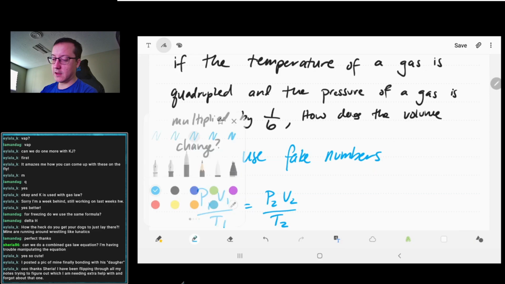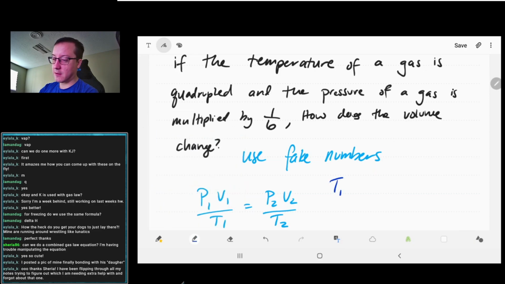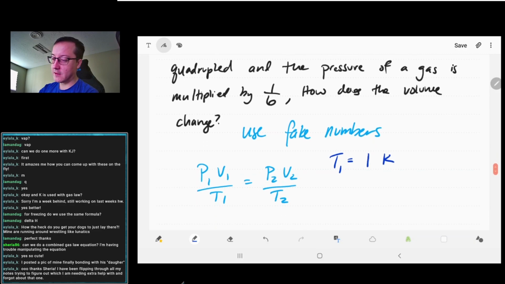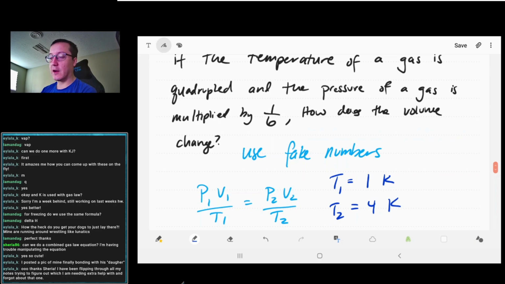So if I were doing this problem, I would say temperature 1 is 1 Kelvin. And so temperature 2 will be 4 Kelvin. Easy numbers that fit the criteria. It says our temperature has quadrupled, so I am making our second temperature 4 times the first temperature.